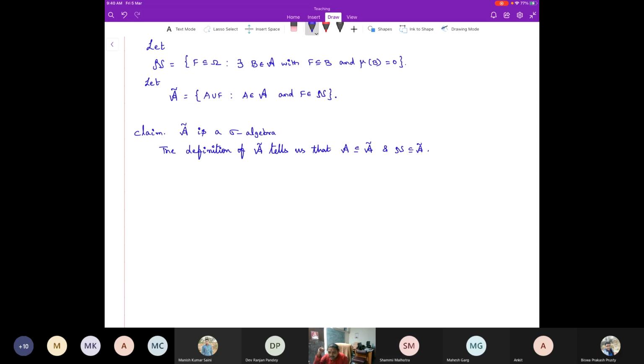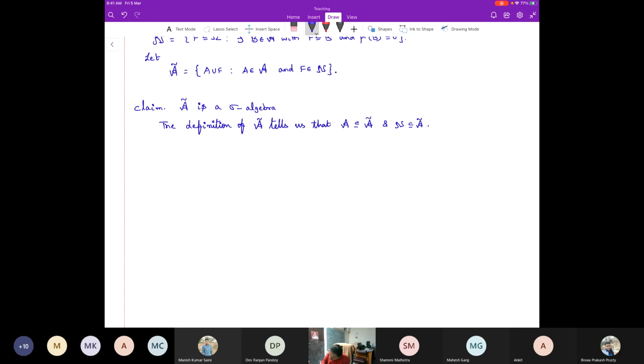The first thing to be observed is that the empty set belongs to both, and then everything follows. Choose A union empty and empty union F. That tells you that A is contained in A tilde and script N is also contained in A tilde.